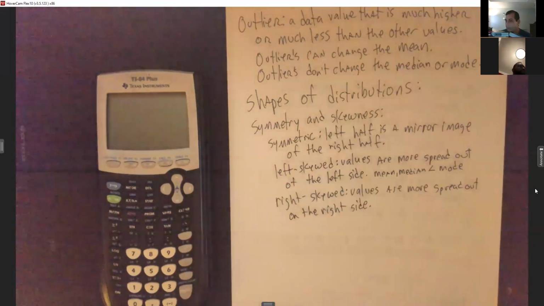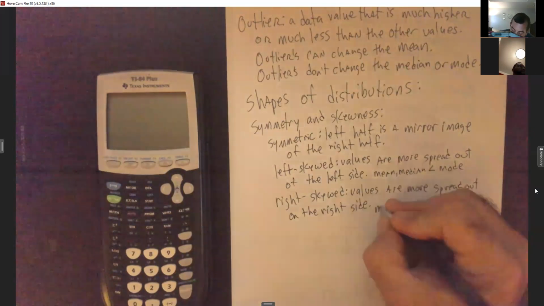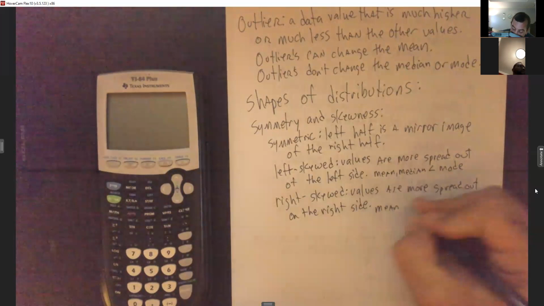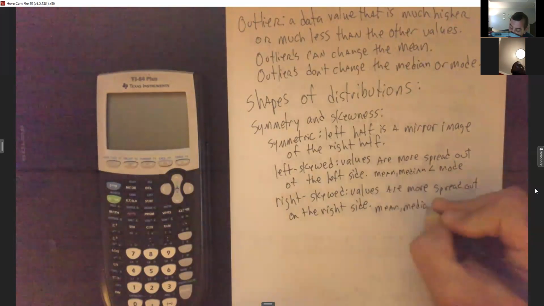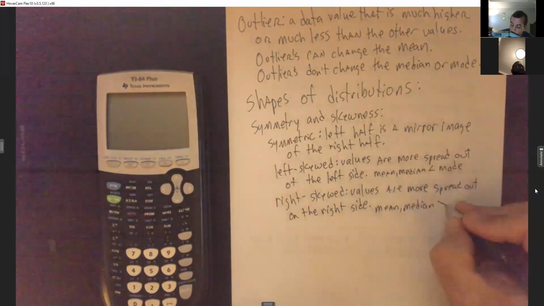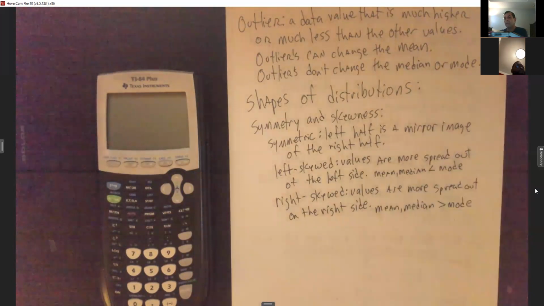So remember, if I said it was more spread out on the right side, your mean and median are greater than your mode. Okay, you got so much more data on that right side, it's pulling your mean and your averages up on the higher end, okay?